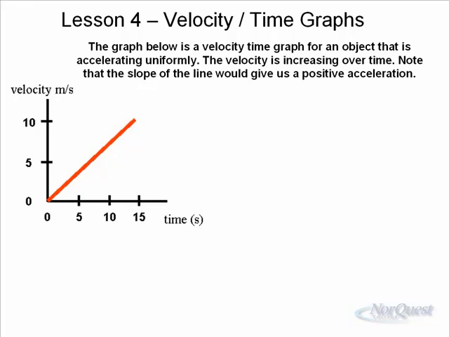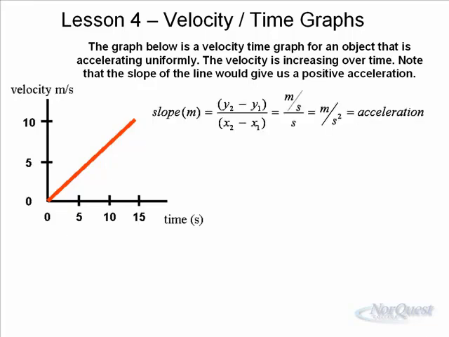And so at any point along this graph, we can find the slope. The velocity is increasing over time, and notice that the slope of the line would give us a positive acceleration. Now, we haven't put the numbers down for this, but if you were to grab numbers from this graph, you could substitute them into this formula, and you would get the actual acceleration. I'm just showing you the units here. The units give you acceleration because you're dividing meters per second by seconds.